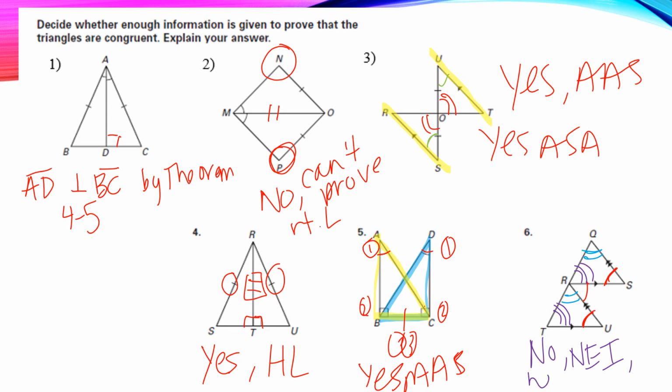You need a side to be congruent in order to prove that the triangles are congruent. There is no theorem or postulate that talks about all angles being congruent, because you could have a triangle that looks like this, and then a triangle that looks like this with the same exact angle measures, and the sides are obviously different because they're different lengths.